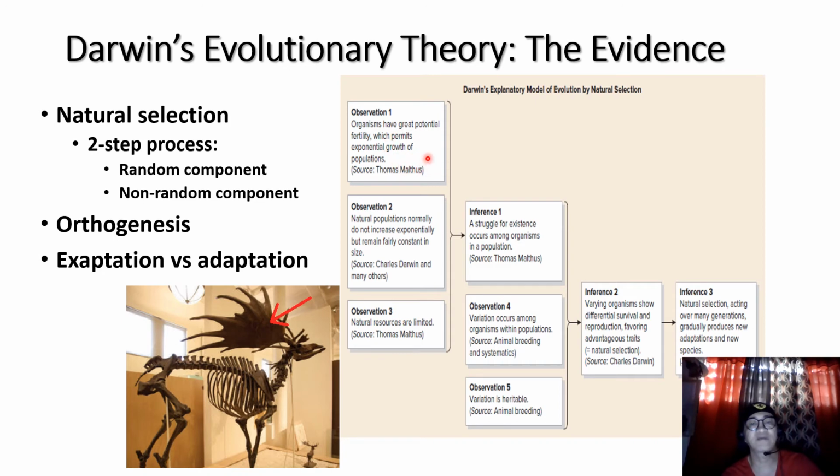He drew this from Thomas Malthus's idea of population. The second observation is that natural populations normally do not increase exponentially, but remain fairly constant in size. The inference that can be drawn from this is that there is a struggle for existence among organisms in a population.